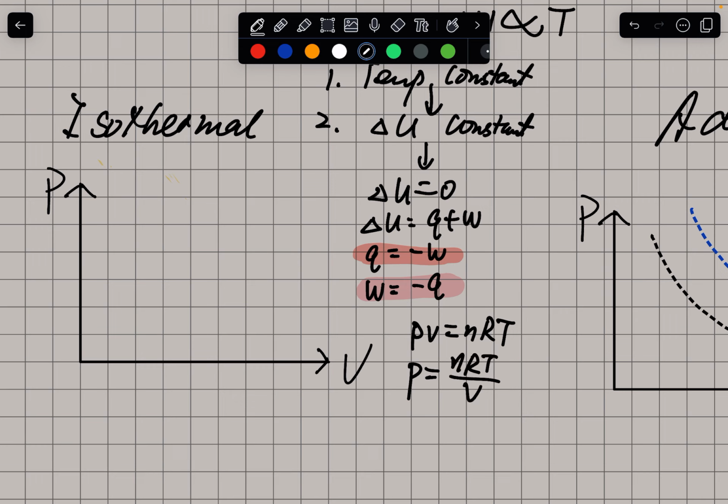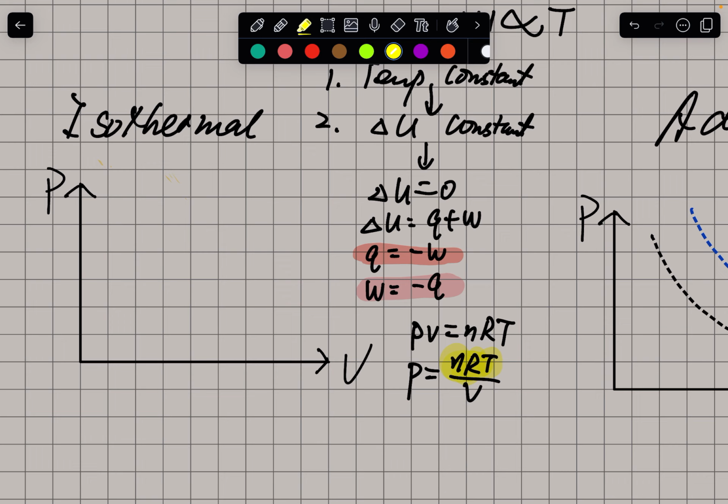Here you can see that T is basically constant because we set temperature constant, and R is a constant, and the number of moles is constant as well. I'm not changing how many gas molecules I have.